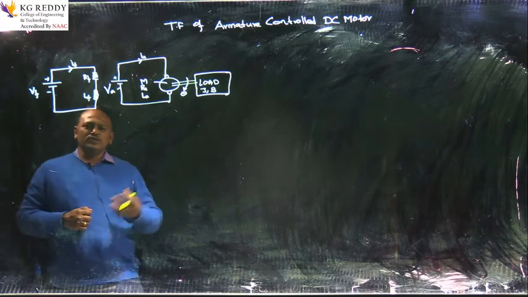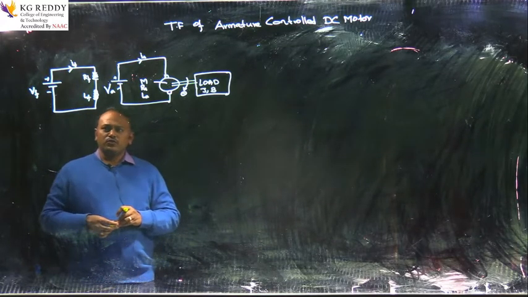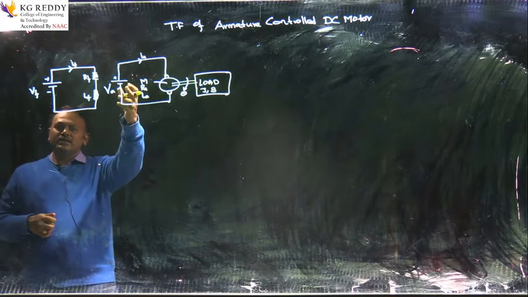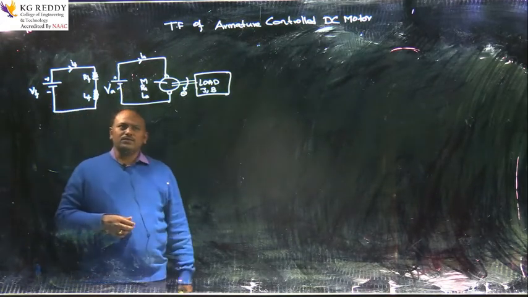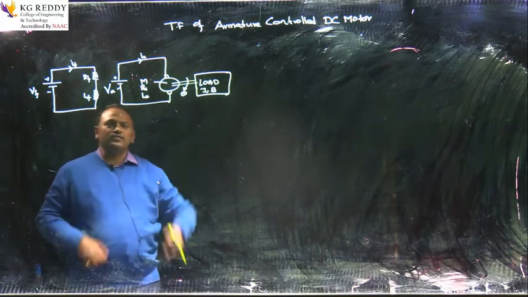So, motor, as you know, converts electrical energy to mechanical energy. So, the input for this is electrical, that is the armature voltage, whereas the output of the system is the rotation of the motor shaft.